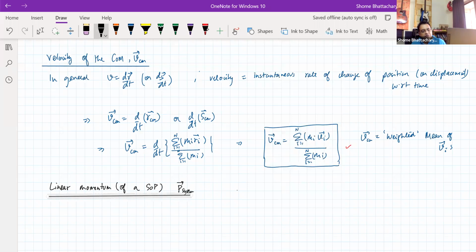So in general, we define momentum of a particle as mass into instantaneous velocity. Okay, this is linear momentum of a particle.